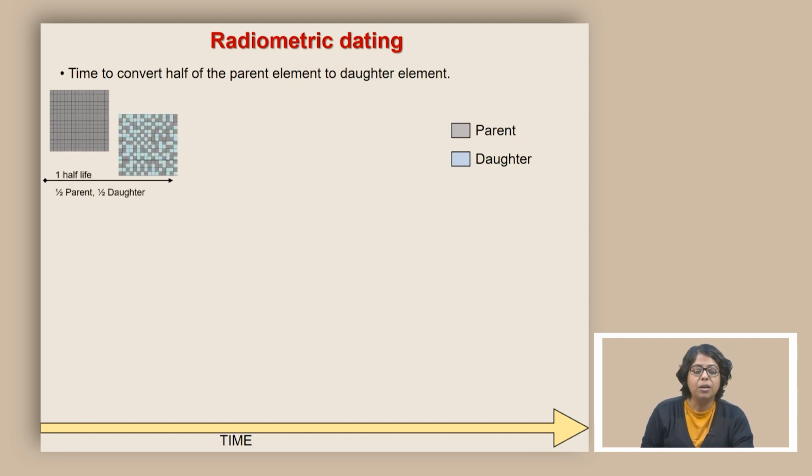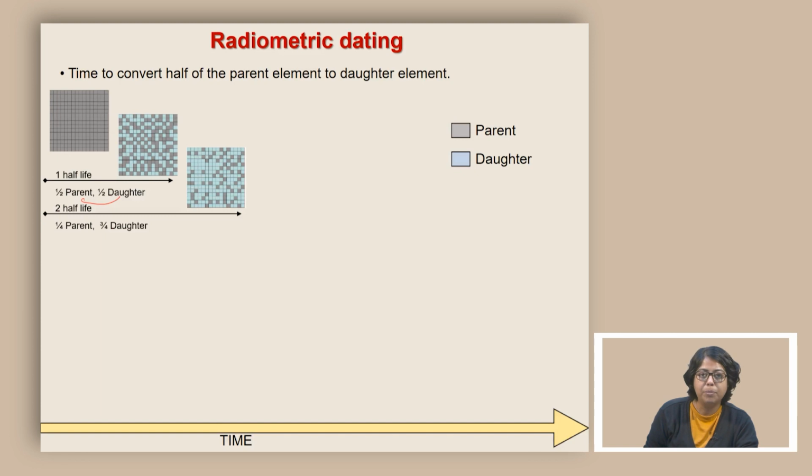So after a single half-life, half of the parent will remain and half of it has already converted to daughter element. If we go for another half-life, the ratio is going to be 1/4 parent and 3/4 daughter.